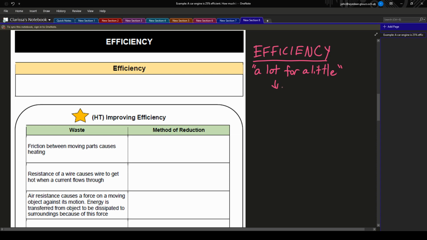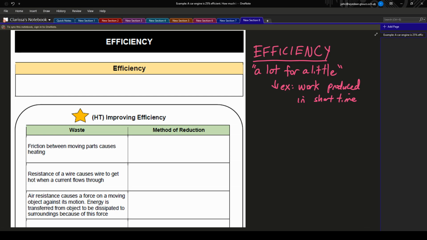So for example, work produced in a short time. If you were an efficient worker, you'd be able to get a lot done in a short amount of time because you're not going on your phone, you're not getting distracted or anything like that. That means you're efficient.